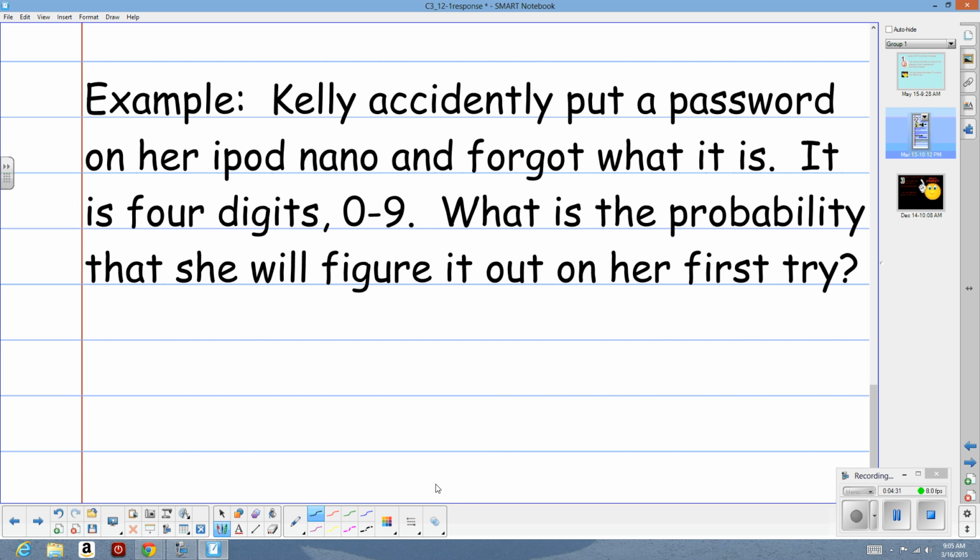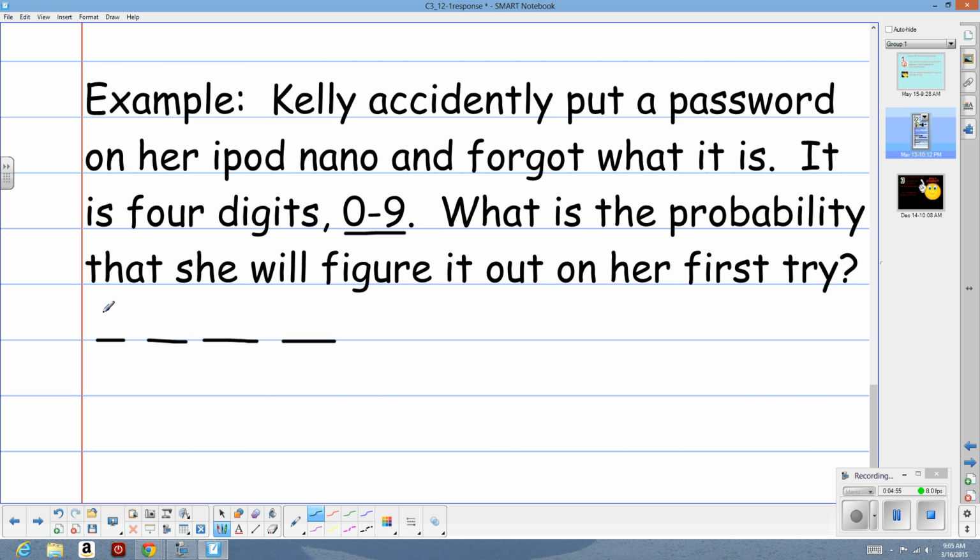Well, we have to first figure out how many possible outcomes there are. It's 4 digits, and each one of them is between 0 and 9. Well, from 0 to 9, that's 10 possible choices, because you can't forget the 0.